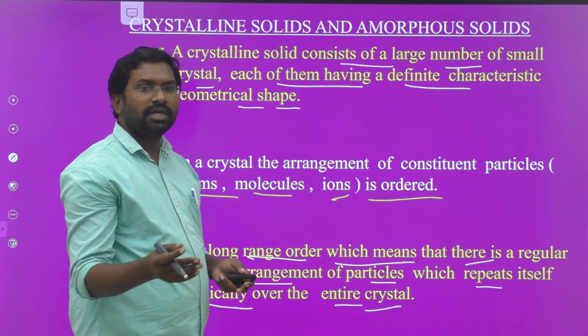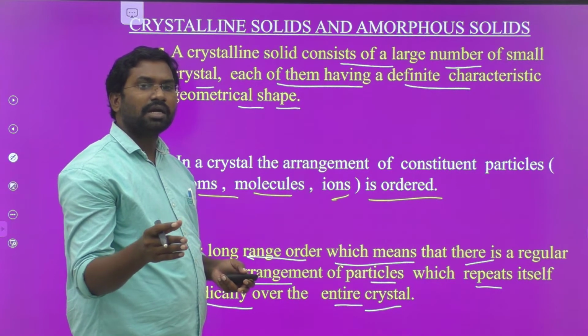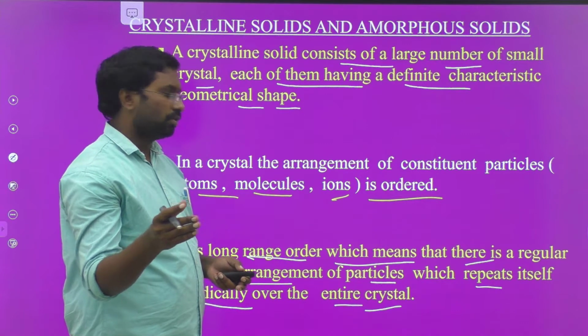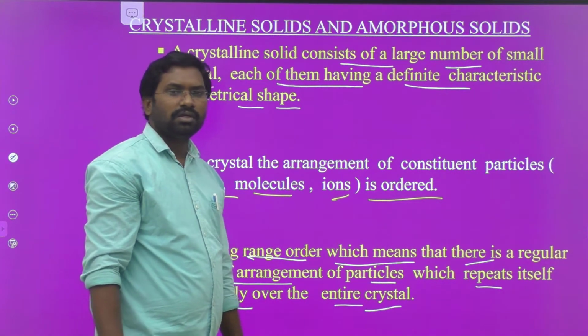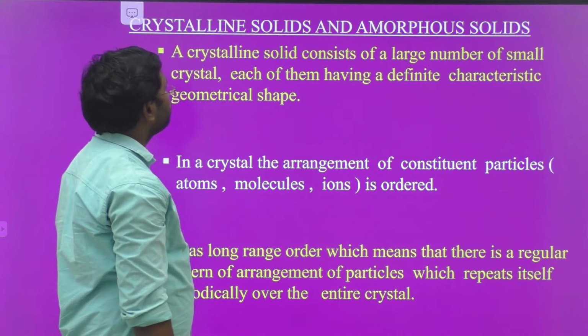So even in the entire crystal, the regular pattern of particles is repeated again and again. Therefore, that meaning is used for the long range order of a given crystalline solid.